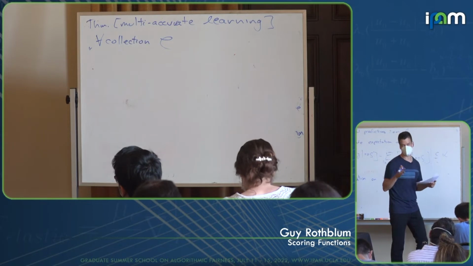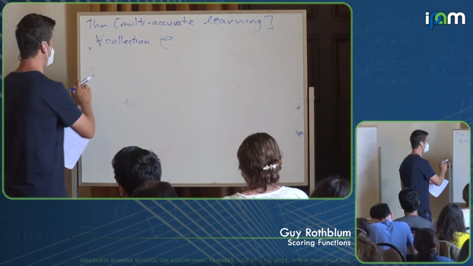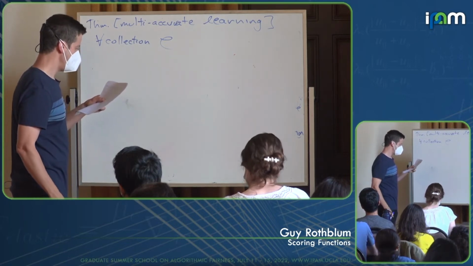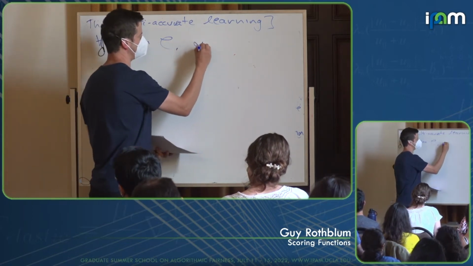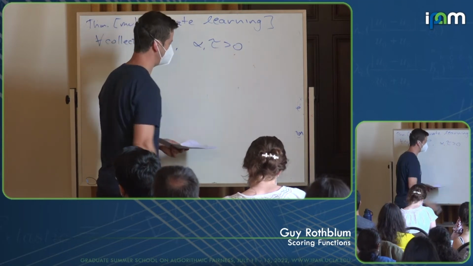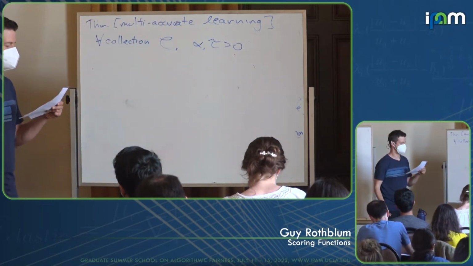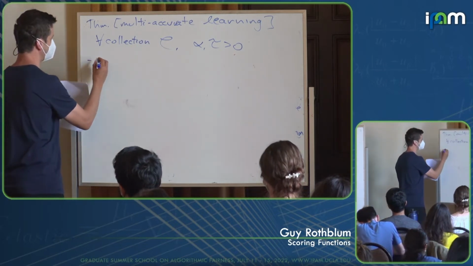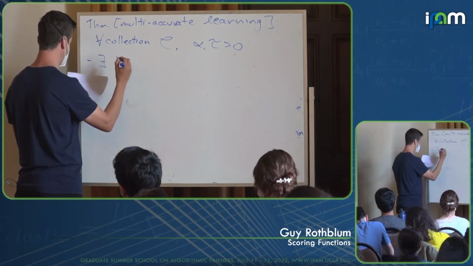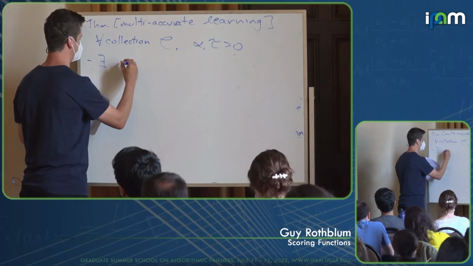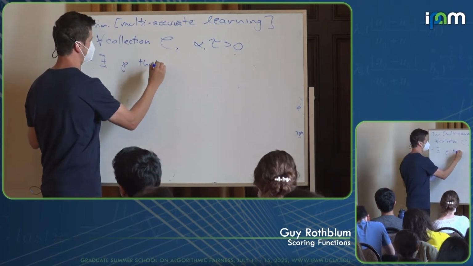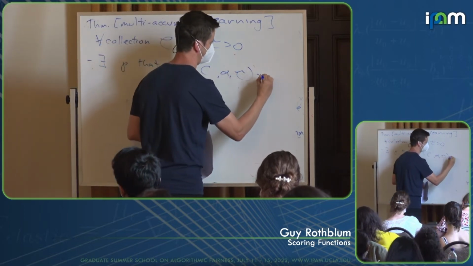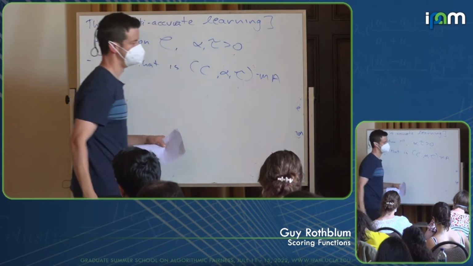The running time issues become more confusing, so I'll think about the collection as finite for today. And for parameters alpha and tau that we want, there is a learning algorithm that will learn, so first off, there exists a predictor P that is (C, alpha, tau) multi-accurate. Let's call that MA for now.